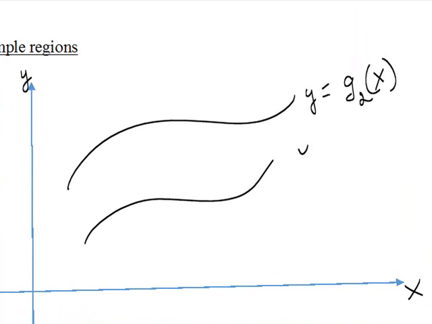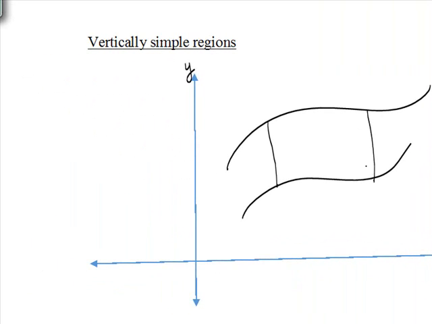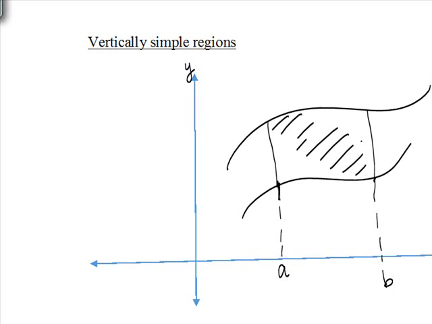And let's say this one is y equals g1 of x, and it's bounded by these two lines, defined by x equals a and x equals b. So this is the region that we are looking at.